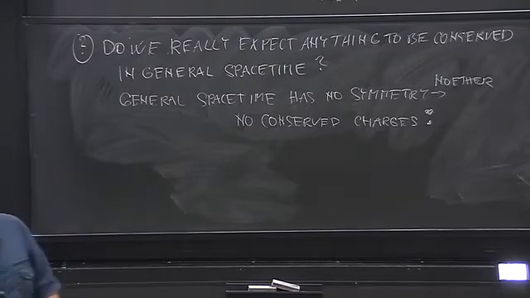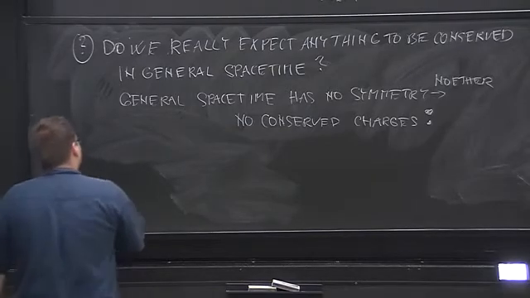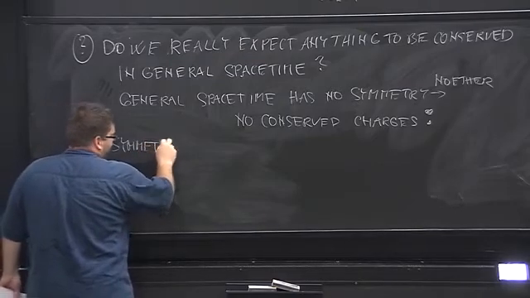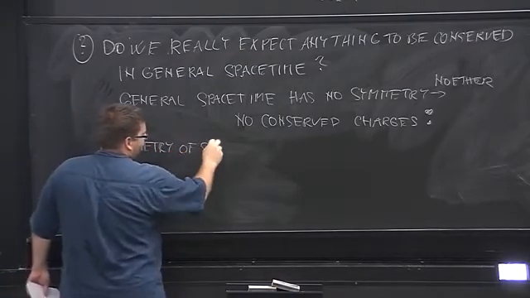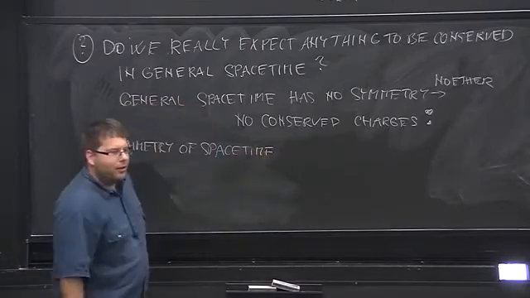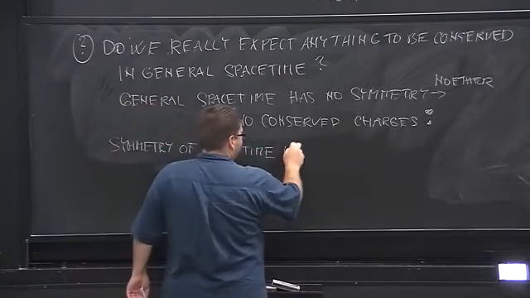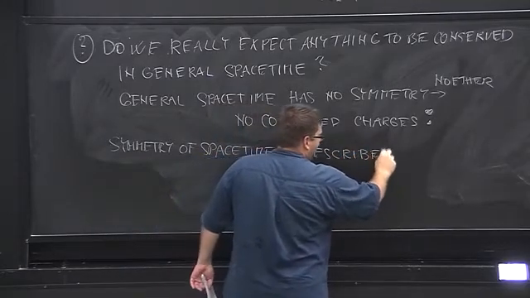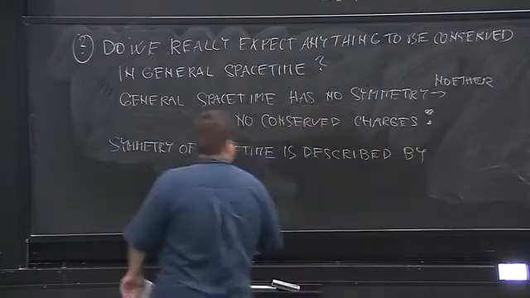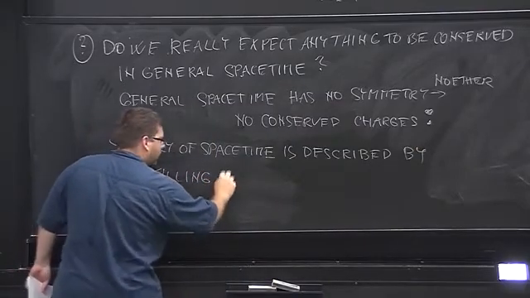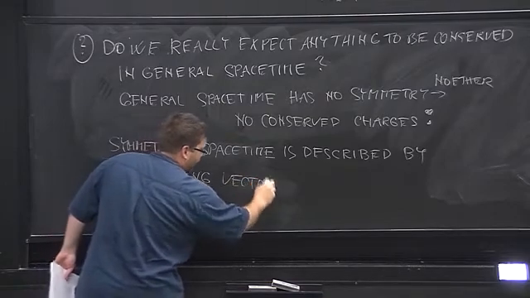Now let's say I have a symmetry. Symmetry of space-time is described by what? We had a tutorial yesterday. It is described by Killing vectors. Whenever I have a Killing vector, I actually have some symmetry.